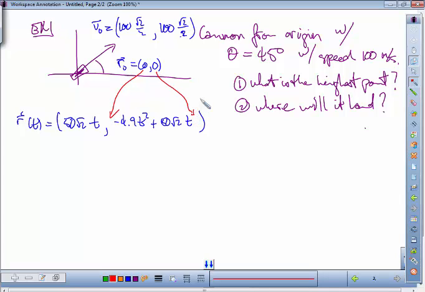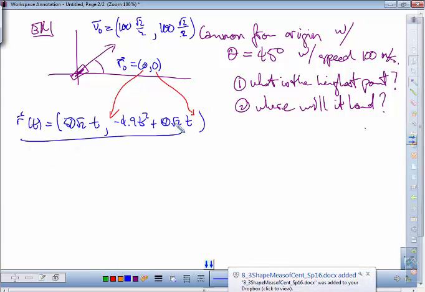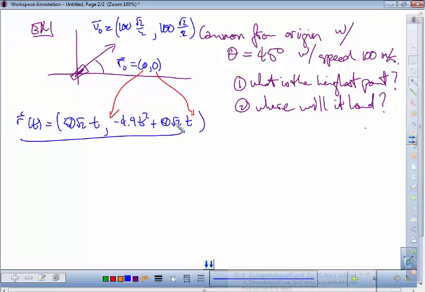So those constants that would have normally gone at the end of each of those components would have been 0. So this is it. Now that you know this, you have all the pieces of information you need to know about this projectile, including the highest point and where it would land.